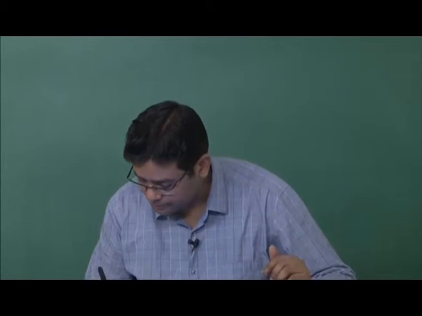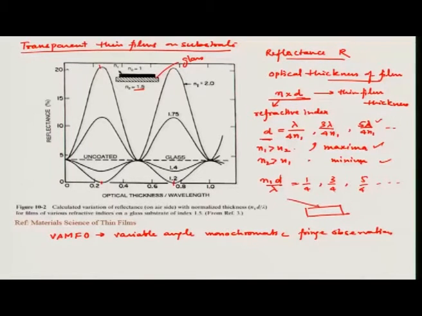Because if you are changing this angle, the distance it travels inside the film is going to change. So, from this you can observe different peaks by changing the angle, and then you can calculate the film thickness.